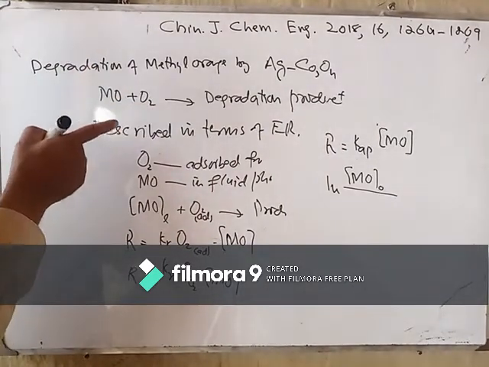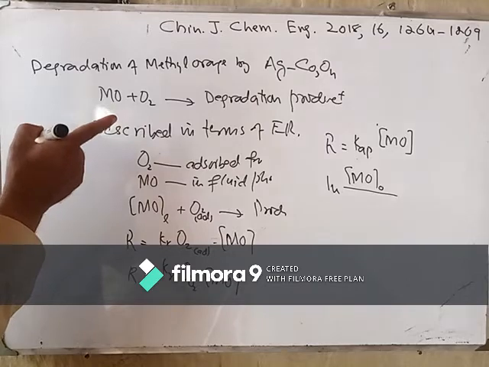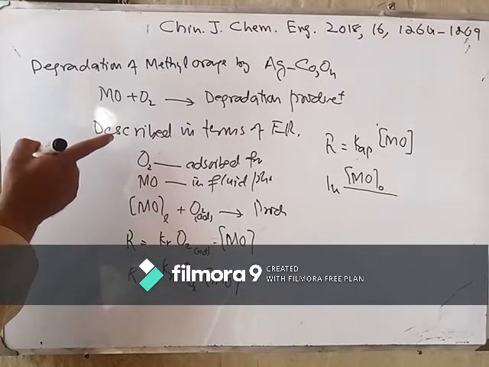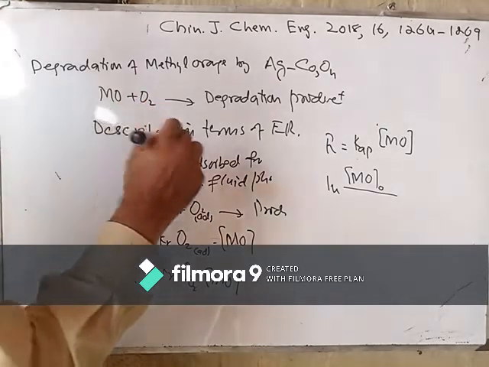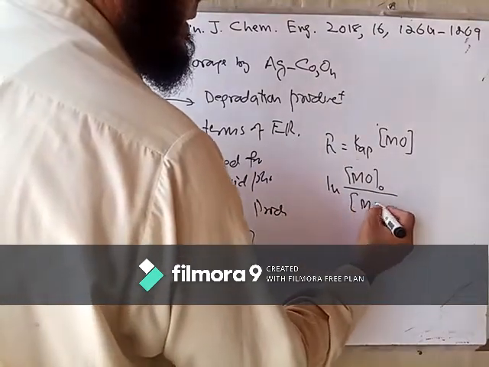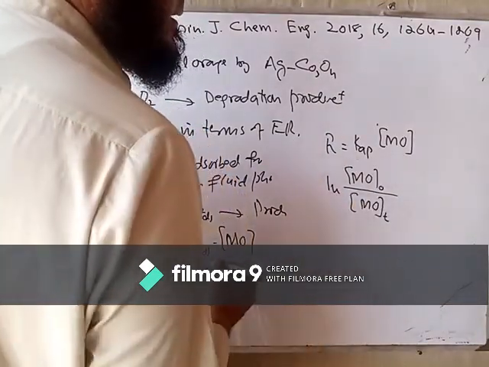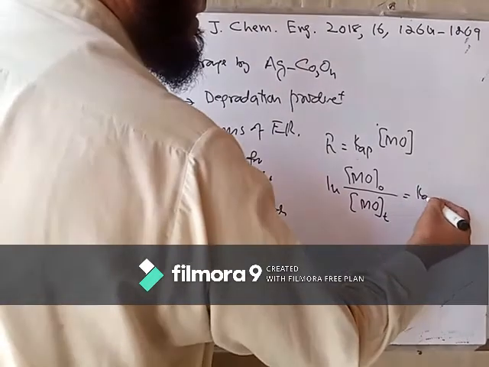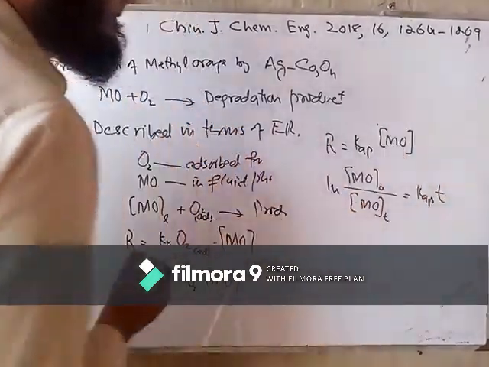In the previous example it was rhodamine B naught, the initial concentration of the dye. And MO at time t, the concentration at different time intervals, is equal to K apparent times t.